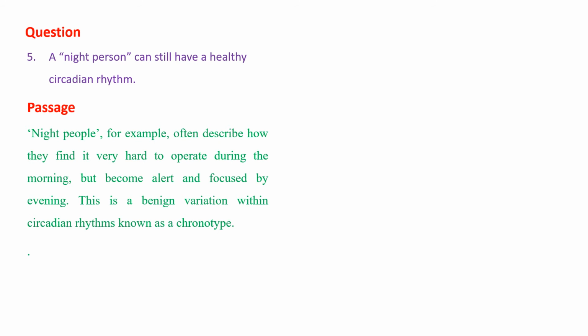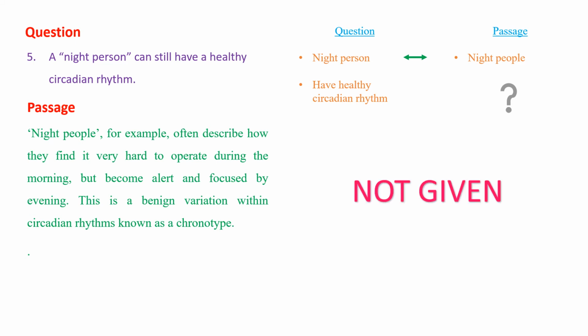This is a benign variation within circadian rhythms known as a chronotype. Now, let's compare the keywords. We can see that night people has been paraphrased as night person, but the information about healthy circadian rhythms is missing in the passage. So, the answer you will have to give for this question is not given.